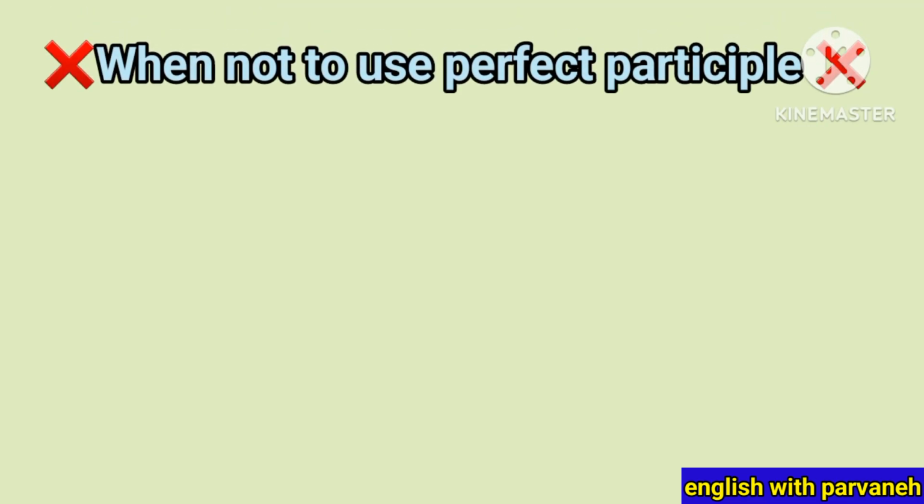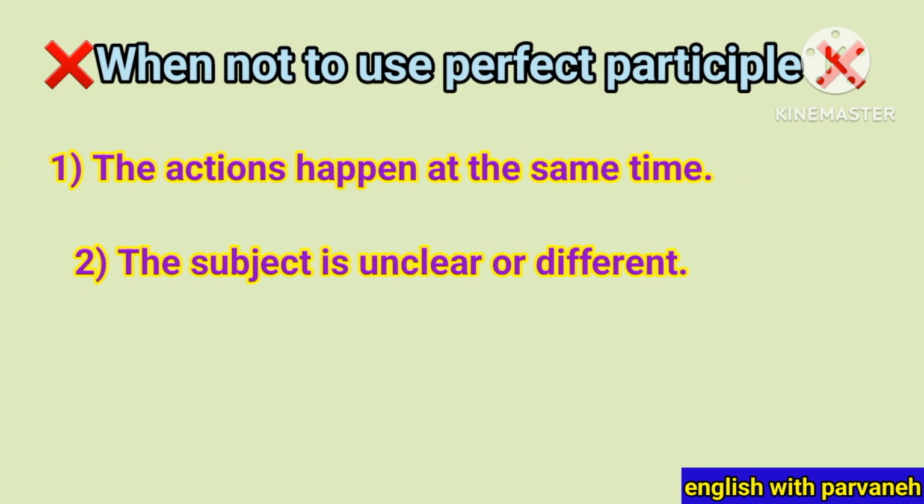When not to use perfect participle. Do not use the perfect participle when the actions happen at the same time, and also when the subject is unclear or different. You have got two different subjects.